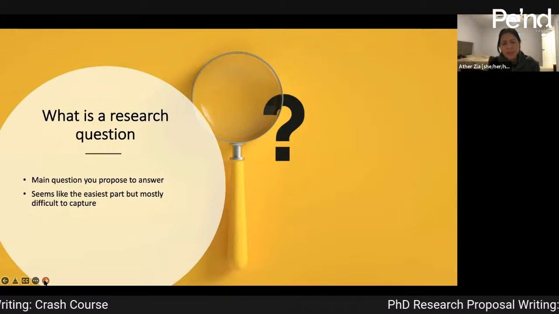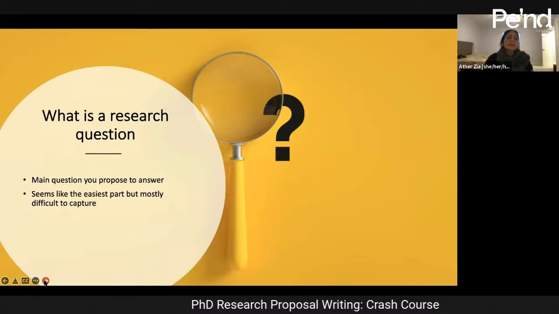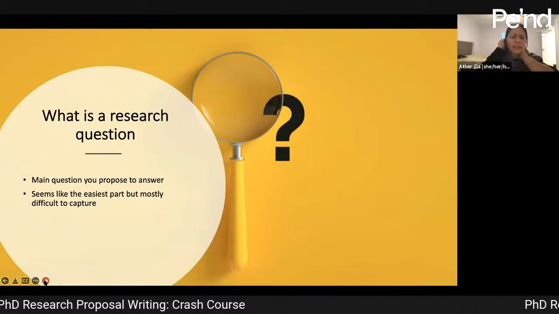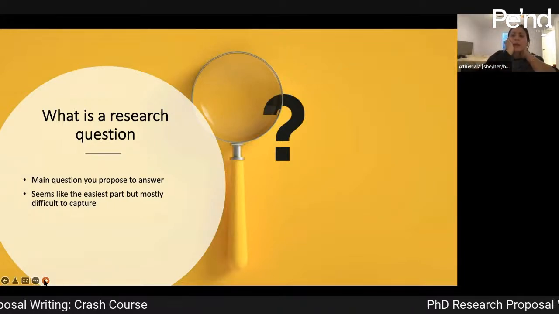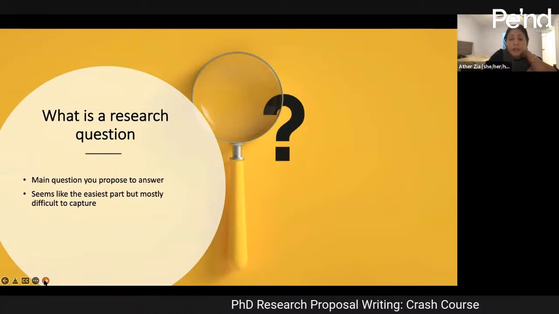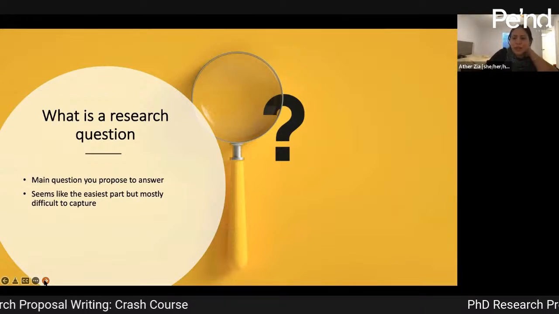Don't choose a research for the sake of doing research. And the other thing is that usually people just think about the topic and think this is the easiest part. But trust me, and I'm sure some of you are already working on some things, the research question is the most difficult to capture.